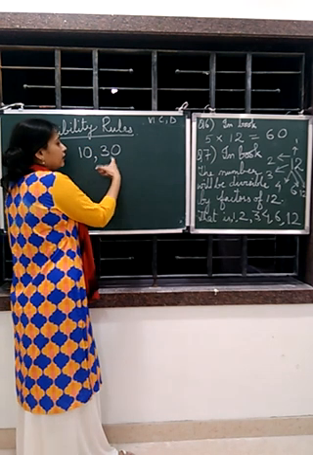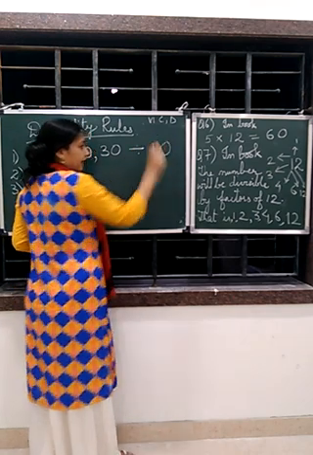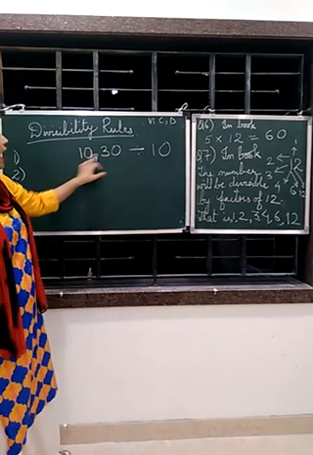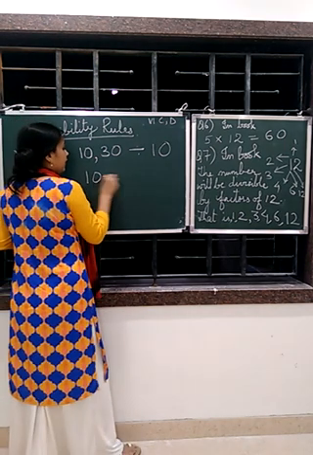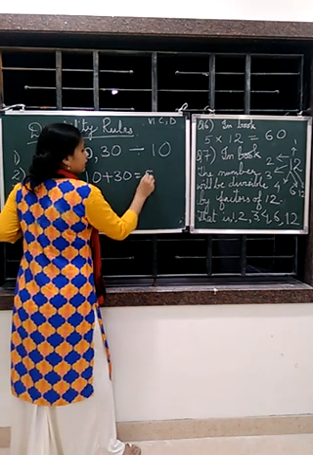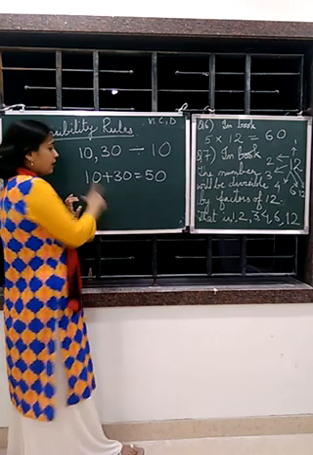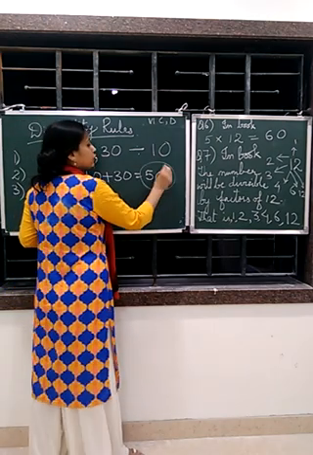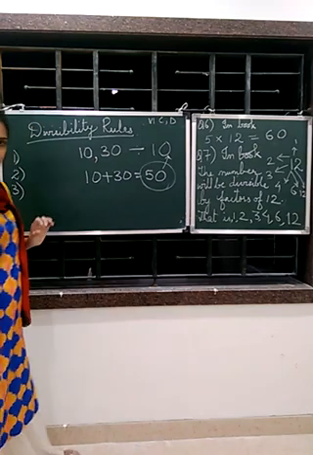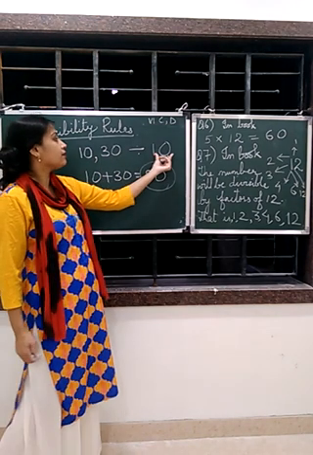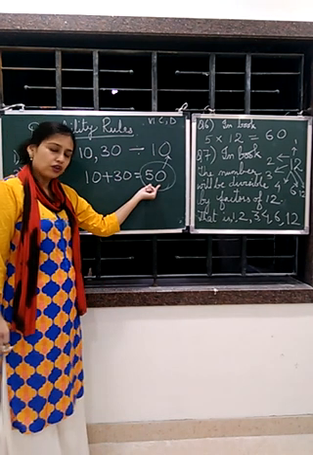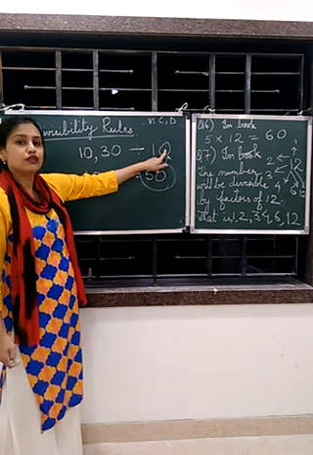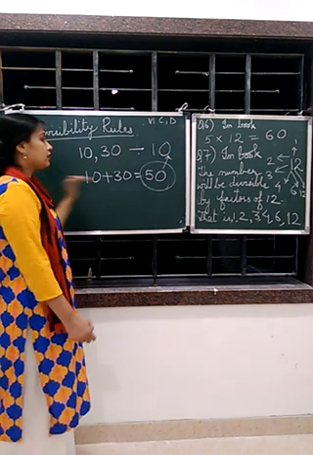If 10 and 30 both can be divided by 10, then 10 plus 30, 40, the sum of these two numbers is also divisible by 10. If any two numbers are divisible by a given number, then the sum of these two numbers is also divisible by that particular number. This is the third property.